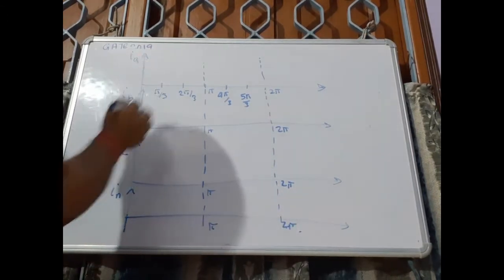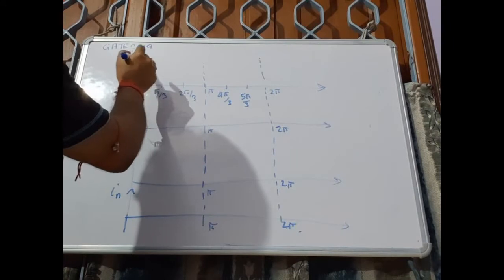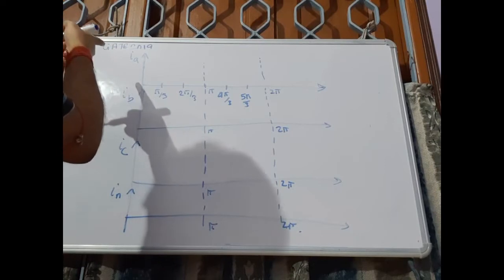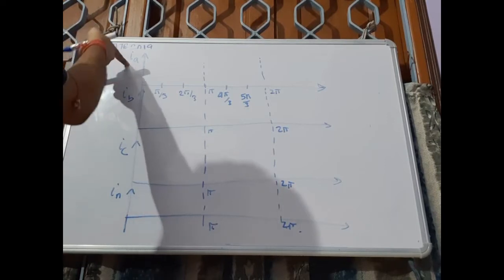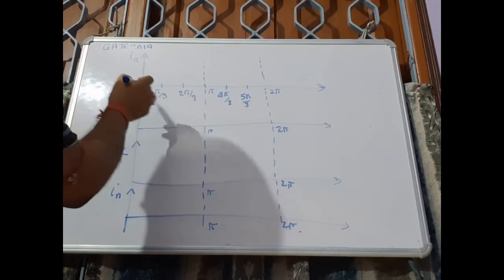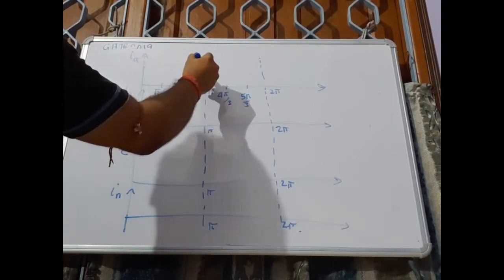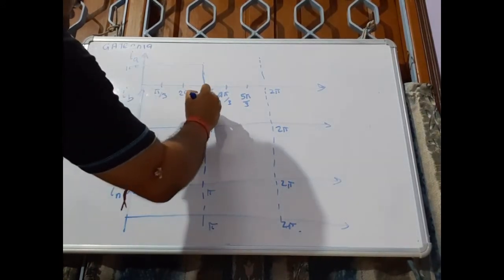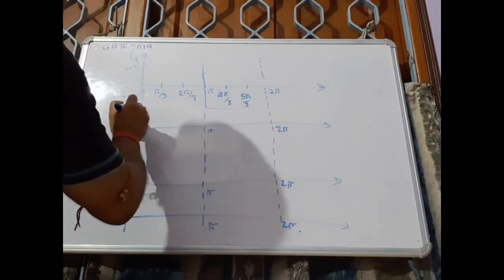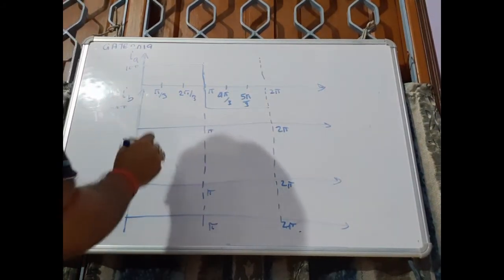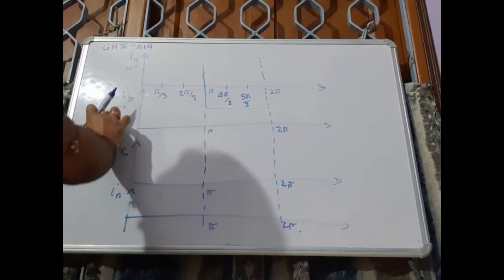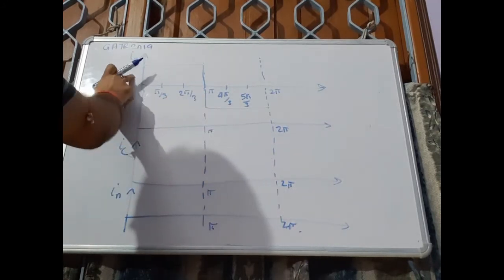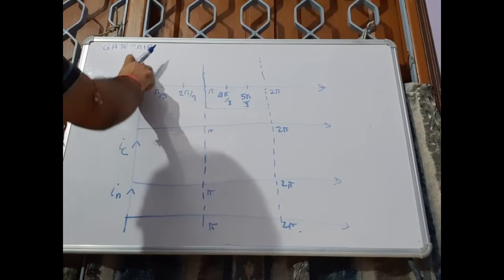Now as this is a square wave, take the reference, meaning the angle between the reference frame and a phasor is 0 degrees. So this is the square wave and this value will be 100, this is minus 100, and IB will be shifted 120 degrees after with respect to IA.